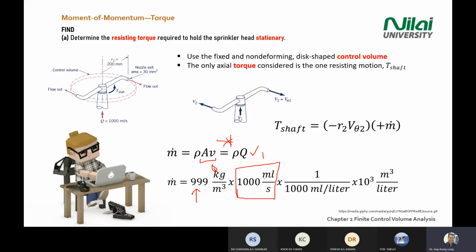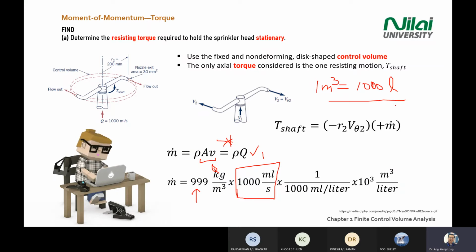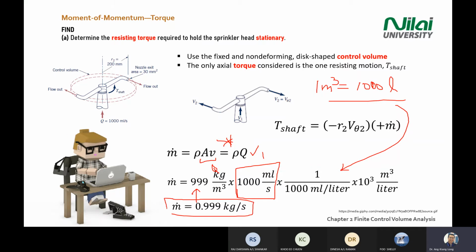You need to change to liter, and then change liter to meter cube. So 1 meter cube equals 1000 liter. You use this to convert, and you're going to get your m dot in kilogram per second.